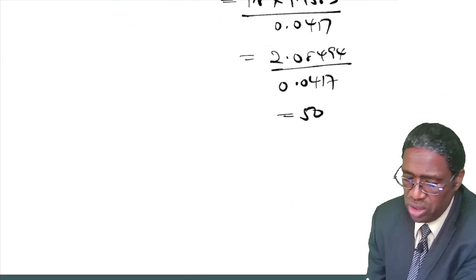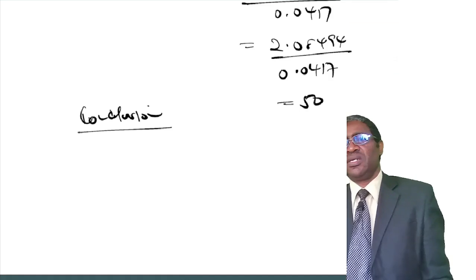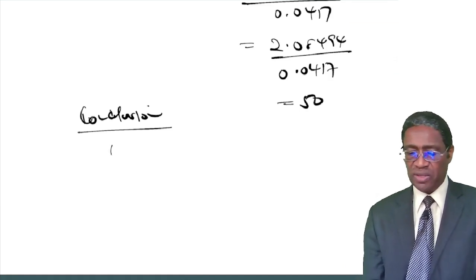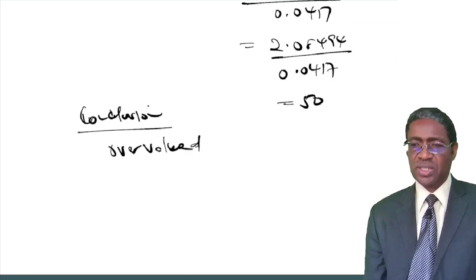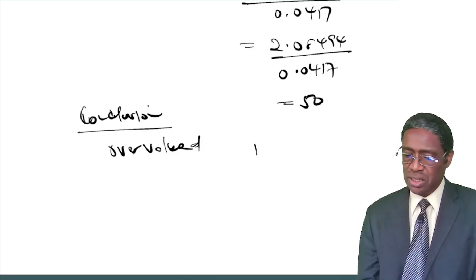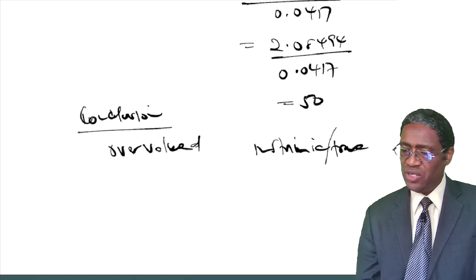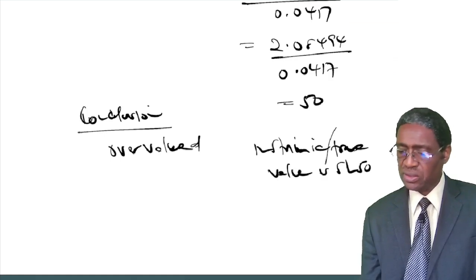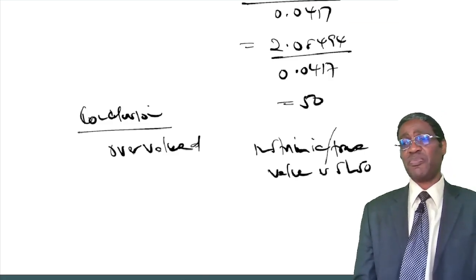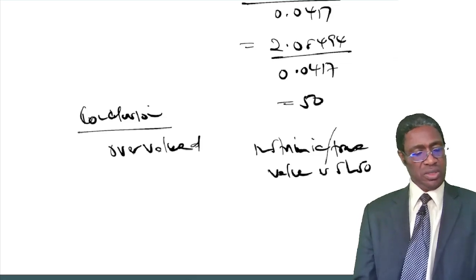So maybe you can put down the conclusion. Conclusion, say this: the share is overvalued, since the intrinsic, true value is shillings 50, but the current market price is 55.